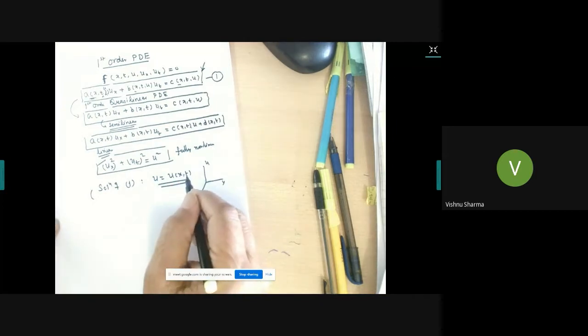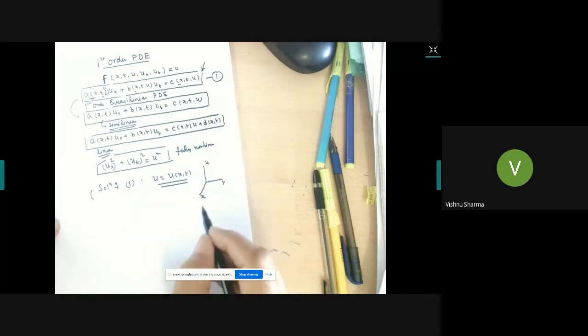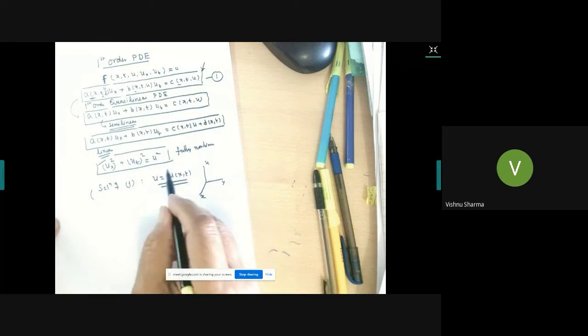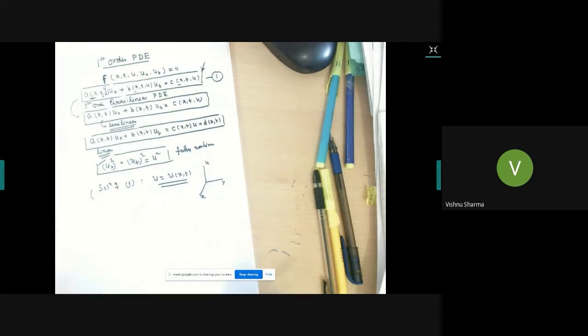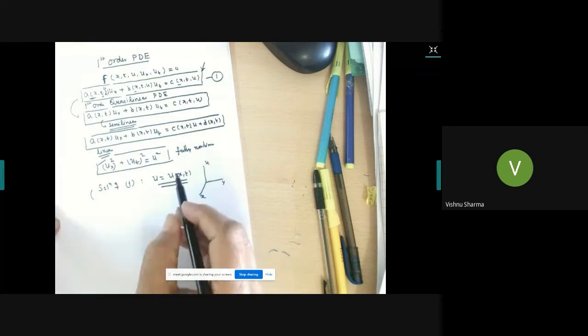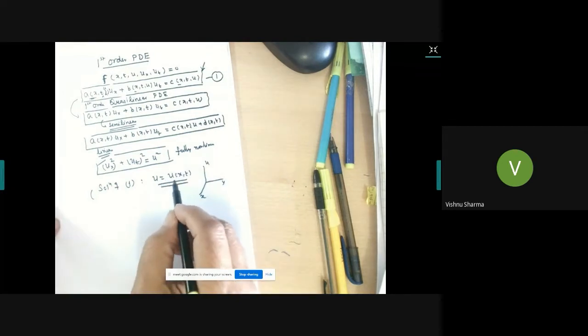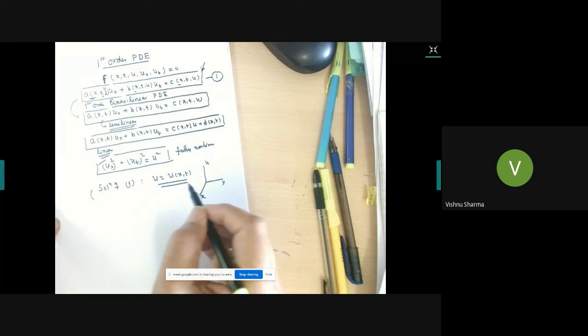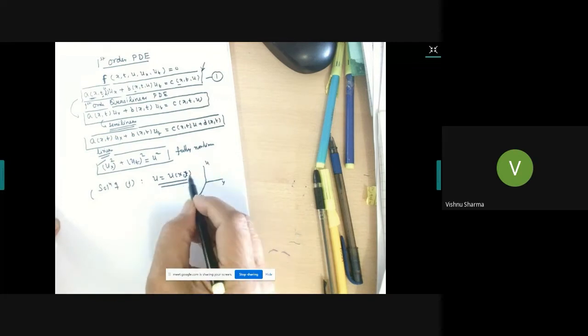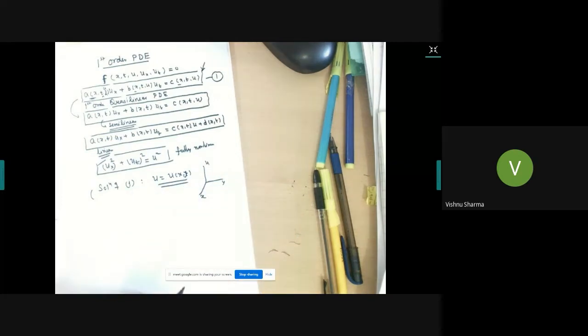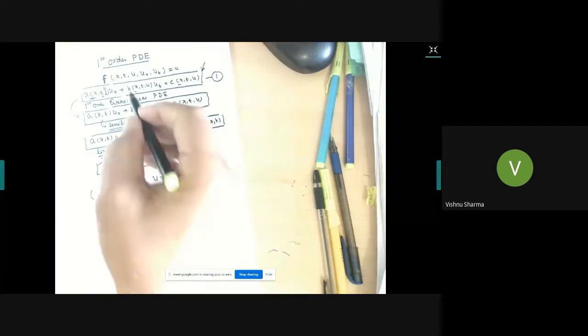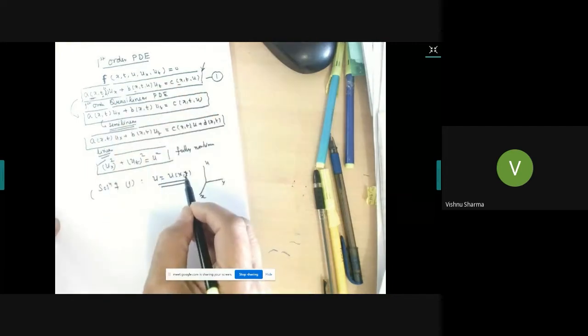Take this t as y, so it is an x, y, u space. So in x, y, u space, in fact, it is the graph of a surface, u as a function of x, y.